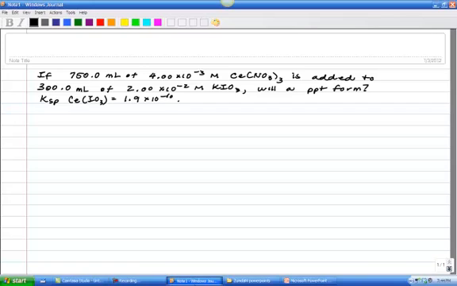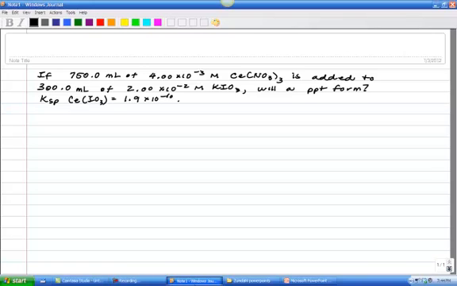Here's the question. If 750 milliliters of 4 times 10 to the negative 3 molar cerium nitrate is added to 300 milliliters of 2 times 10 to the negative 2 molar potassium iodate, will a precipitate form? Remember, PPT is shorthand for precipitate.